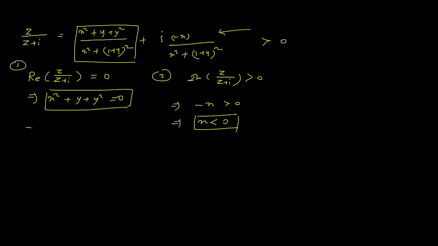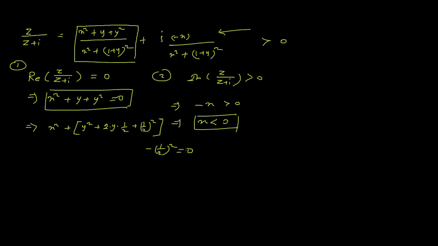Let's rewrite it. We can write this as x square plus y square plus 2 into y into 1 by 2 plus 1 by 2 whole square. If I am writing 2 into y into 1 by 2, the 2 gets cancelled and y is there, no issue. But I have added an extra 1 by 2 whole square, so I am subtracting this.